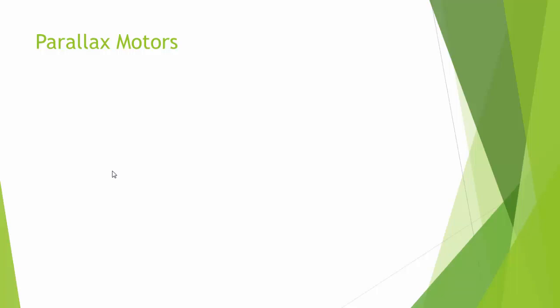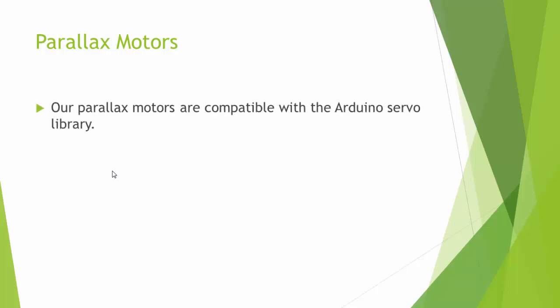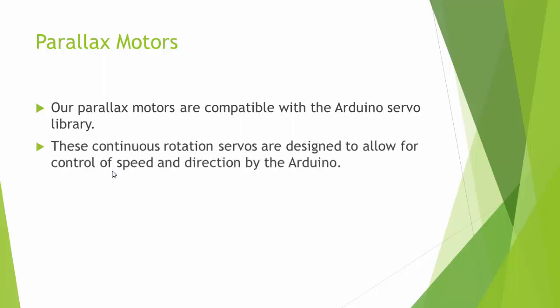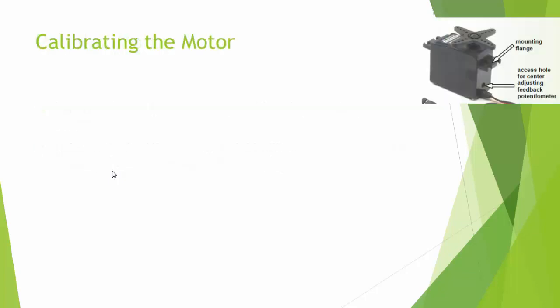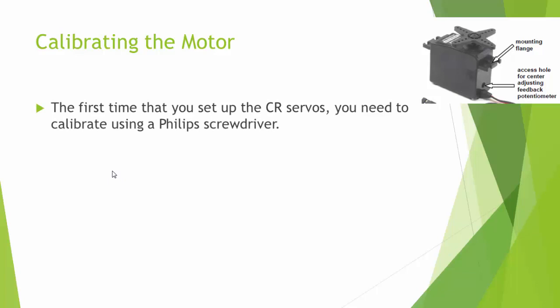The example I'm going to give here is for Parallax motors. They're compatible with the Arduino servo library, and we can control speed and direction. The only catch here is we have to calibrate these motors. In order to do that, you can look this up online, but you need to get out a Phillips screwdriver.